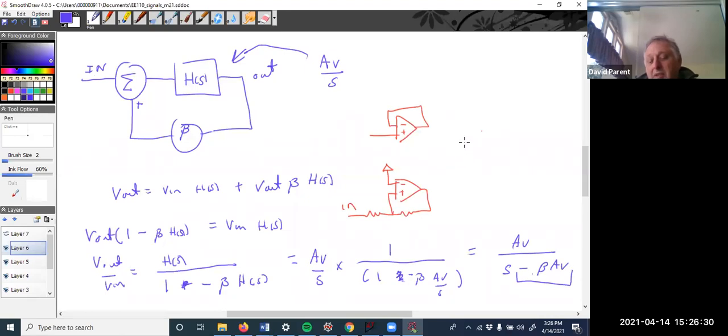The inverse Laplace transform of that is going to be something proportional to E to the plus beta AVT. Now notice the open loop gain can be 800,000. Beta might be 0.5, or 1.